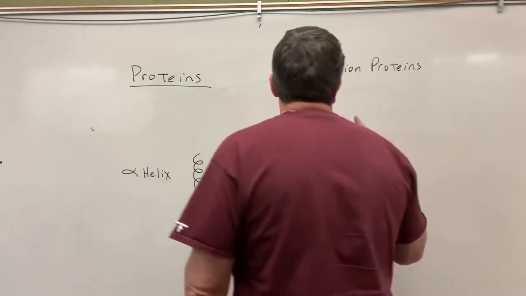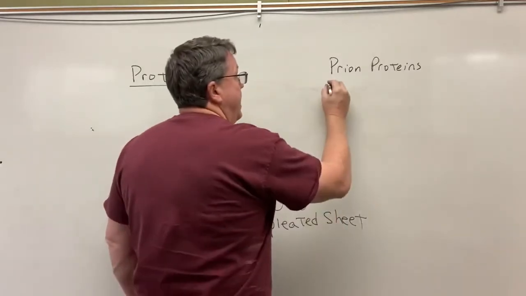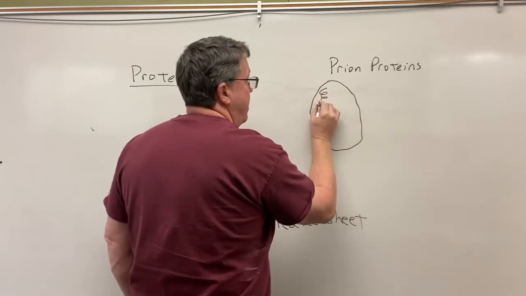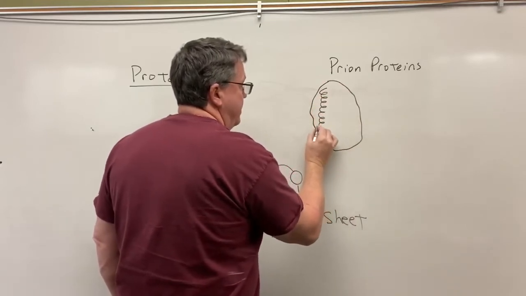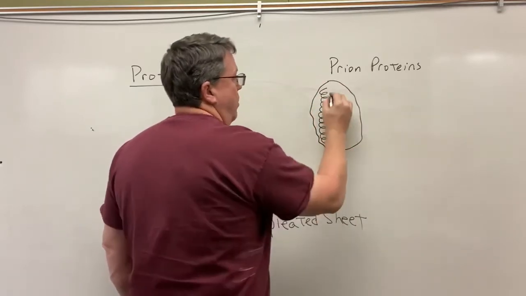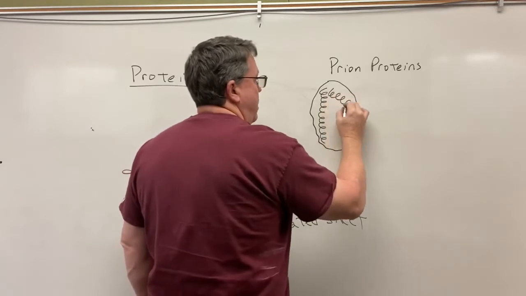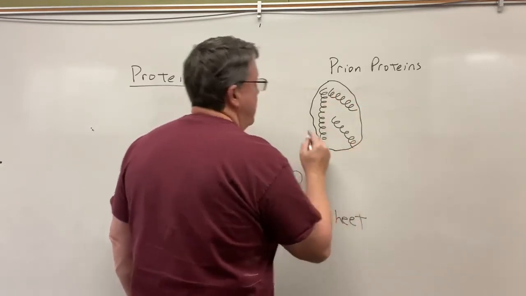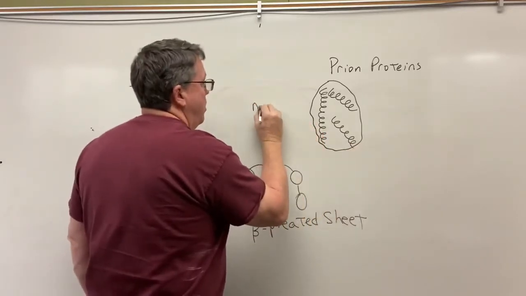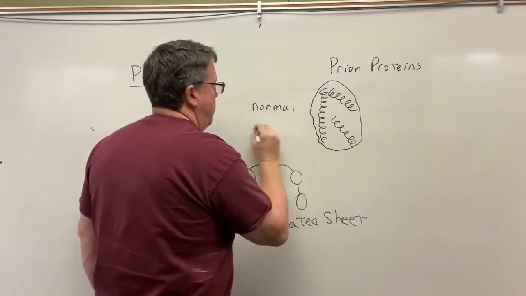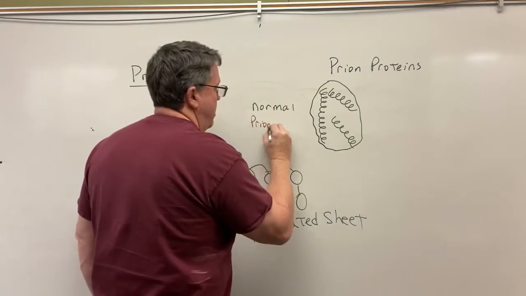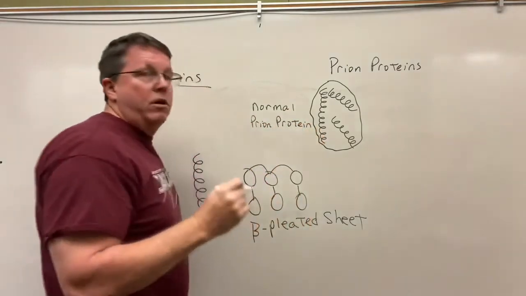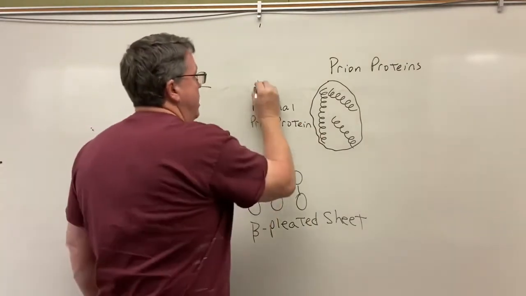But here's what we do know about prion proteins, is if this is my prion protein here, they have alpha helixes in them when it's normal. Okay? So this is a normal prion protein. And what we call this for short is PrPC.